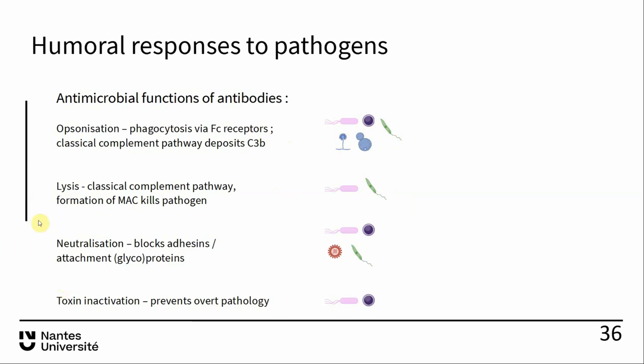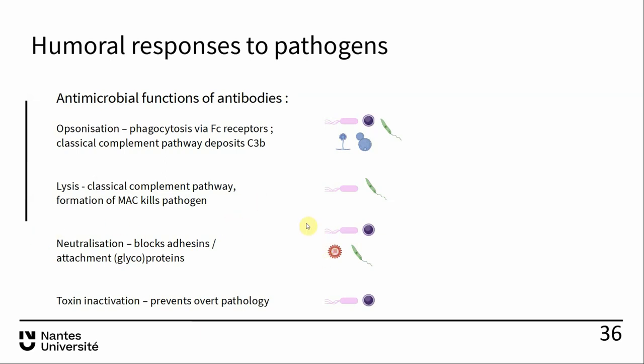The third effector mechanism is neutralization. That means that antibodies are binding to the adhesins or the attachment proteins and glycoproteins that pathogens use to attach to cells and invade tissues. So if you block these adhesins or attachment glycoproteins, you prevent the infection from occurring.